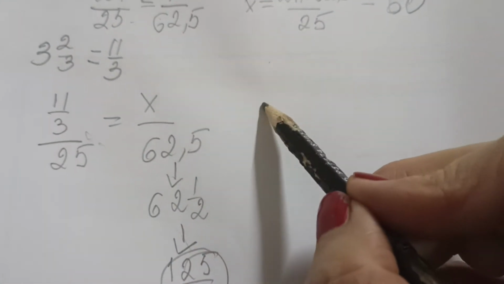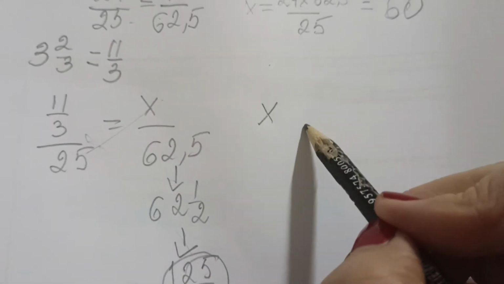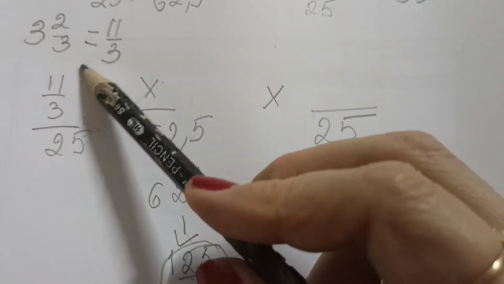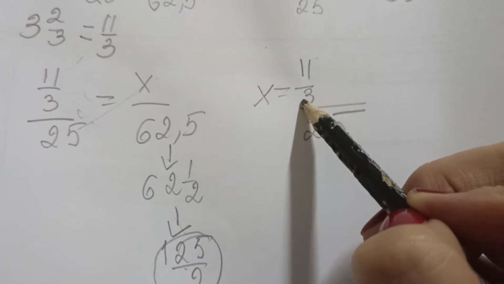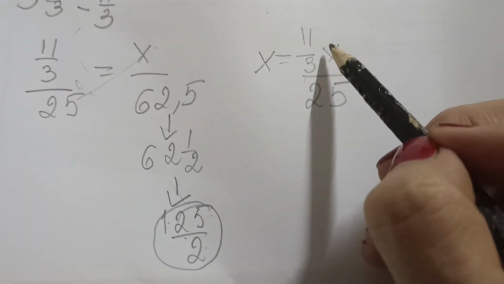Now, what do we have next? We have x. That number that goes across the x goes down, so 25 is here, okay? Then 11 over 3, you multiply with 125 over 2.